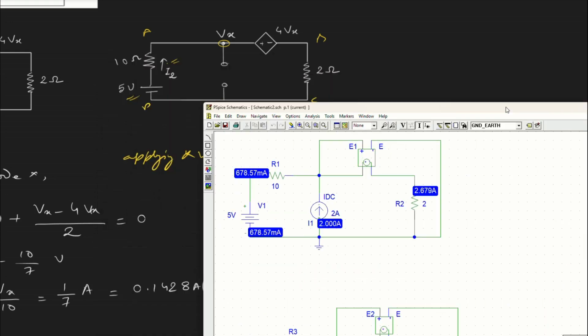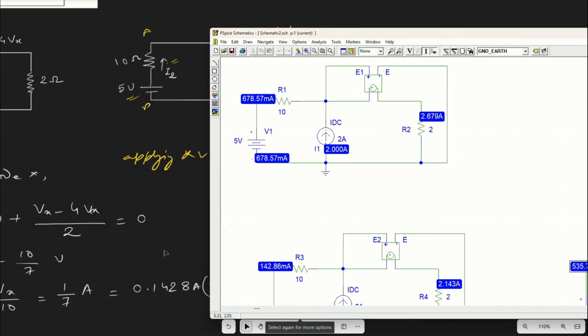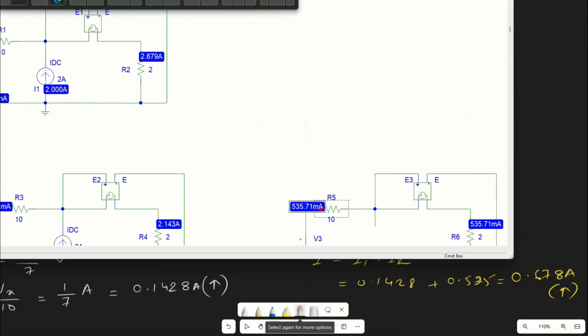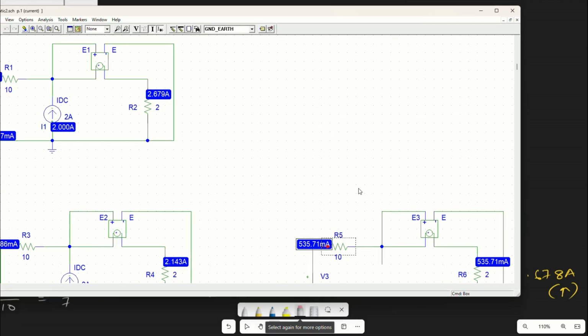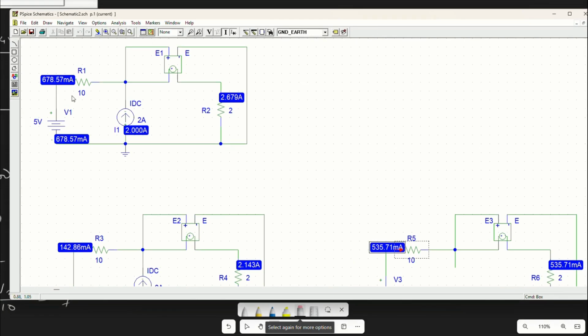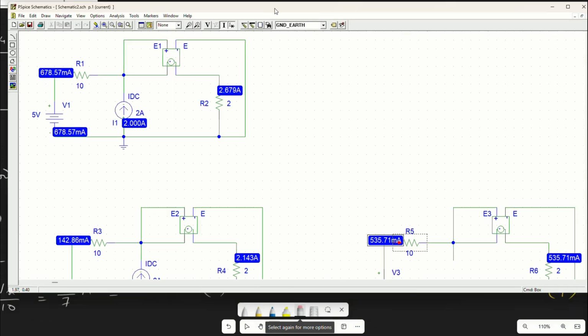The first one is 142.8, and the second one is 535. After combining these, the total is 678.57.